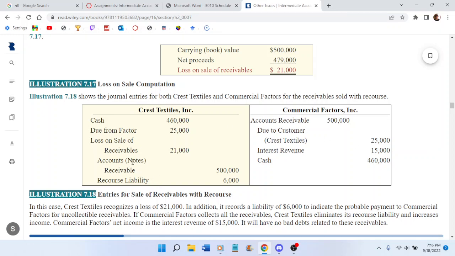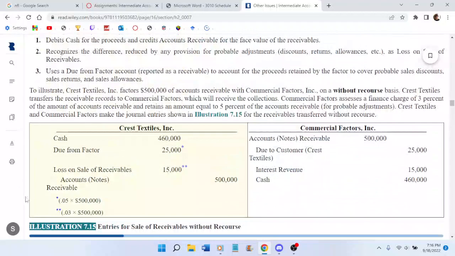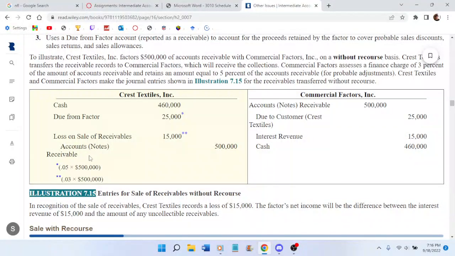Yeah, I think they made a formatting mistake up here. They should have had this receivable down here, over here instead of over here. Whatever.